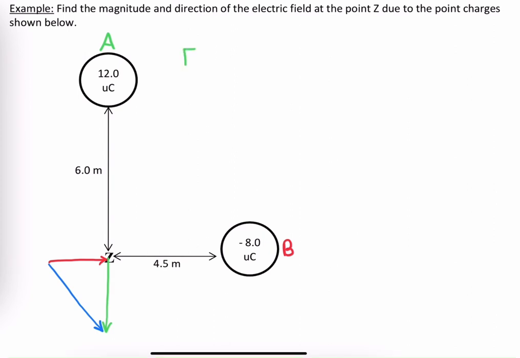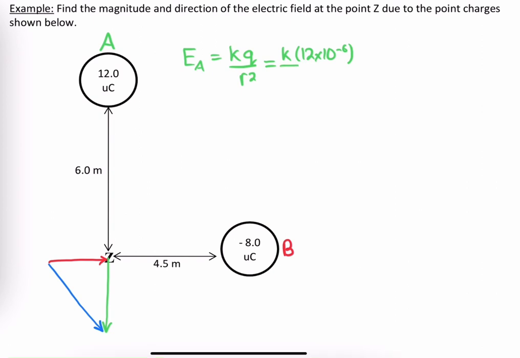So the electric field created by A is going to be kQ over r squared. I'm not going to bother writing out k anymore. I think we all know what it is. I'll just leave it as k to save some space. Again, I don't put plus or minus in this formula. This formula is just for magnitudes.